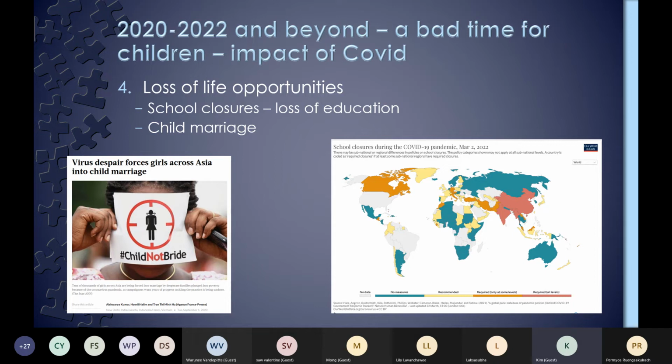The picture on the left tells a different story. This was from a UNICEF report that came out a little while back on what's almost like an epidemic of child marriage in many parts of the world. And of course, child marriage is related to the impoverishment of parents who are essentially selling their children into child marriage. I don't need to say to this audience the consequences of that.